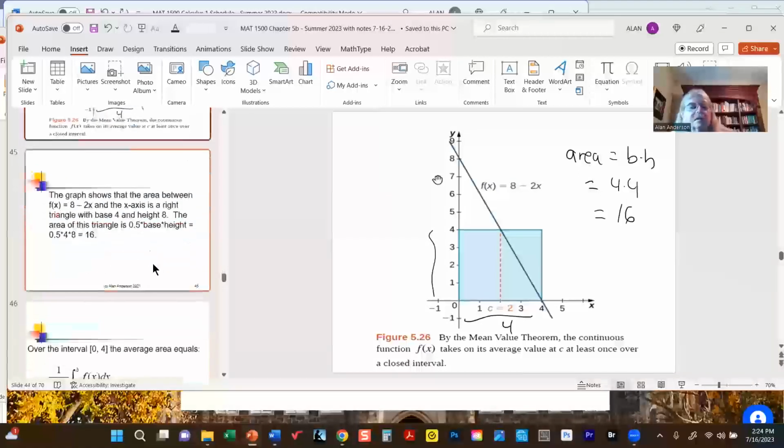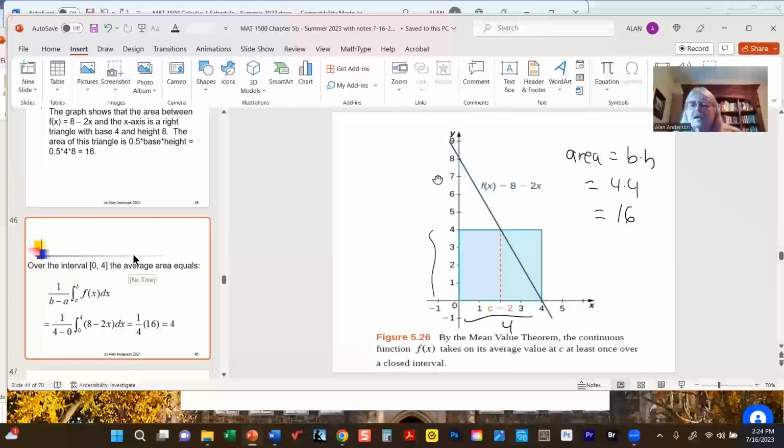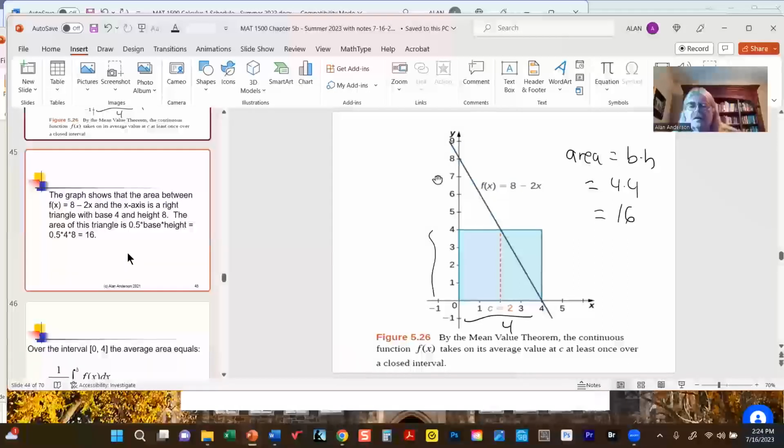So the average would be 16 divided by 4 minus 0, because that's the width of this interval. And that's equal to 16 over 4, which is just 4.